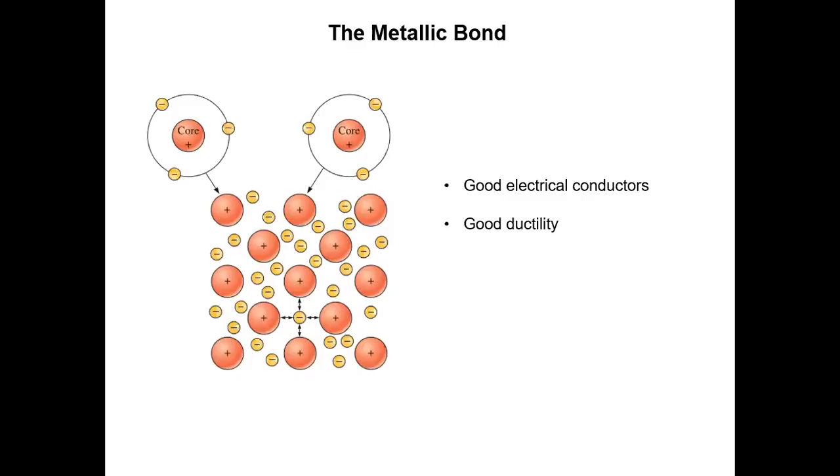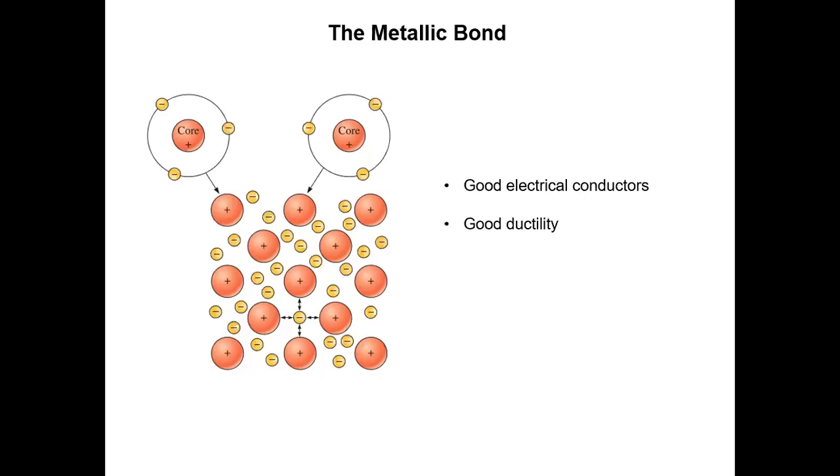So in most of the metals, you can see this metallic bond. What happens is, in metals, there are valence electrons in their outer shell. So they release those outer shell electrons to become stable and they form a sea of electrons.